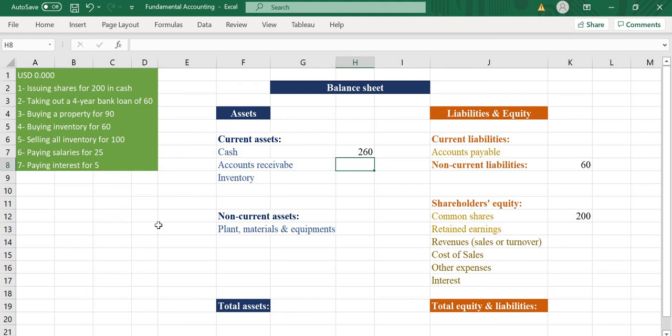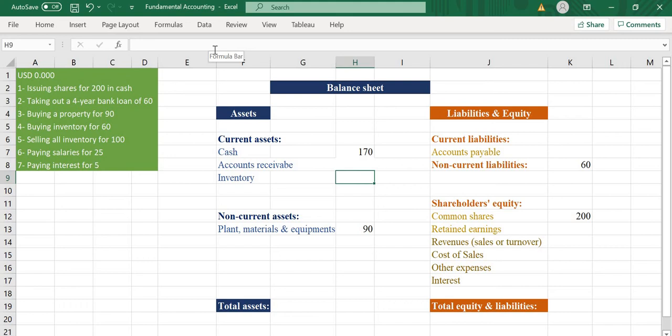That's why we take into account the company's plant, material, and equipment equal to 90. Because the company is buying property, the company's cash decreased by the same amount, minus 90.